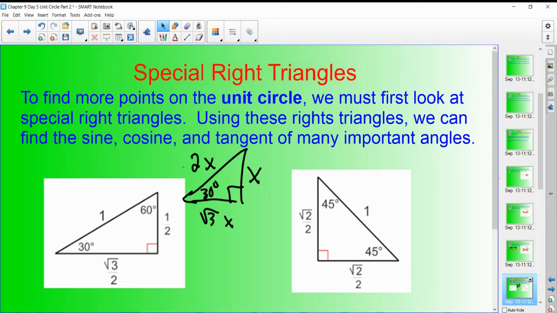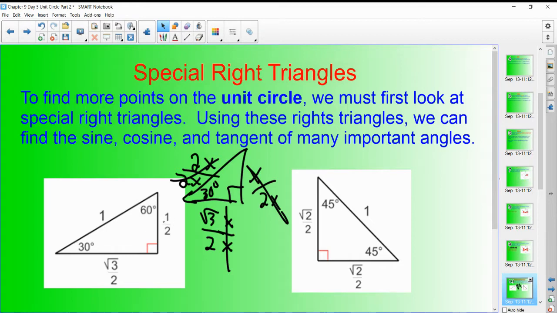We are now going to just divide everything by 2x to get the hypotenuse to be 1. So if we divide by 2x, we get 1/2. If we divide this by 2x, we get square root of 3 over 2. And if we divide the hypotenuse by 2x, we get 1. So this is the special right triangle, but this is called a unit triangle, where the hypotenuse is 1.